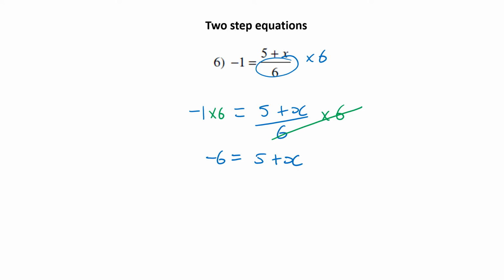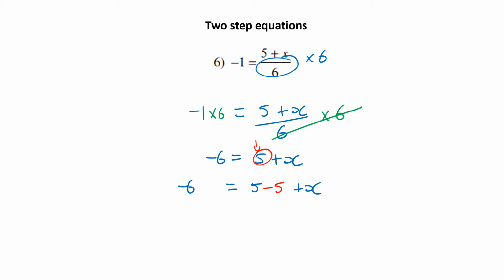Now, what we've got next is I've got 5 here. If there's no sign in front of it, it means it's a plus 5, so a positive 5. So I'm going to go minus 6 equals 5, leaving some space for a moment, plus x. If this is plus 5, the inverse operation to that is minus 5.